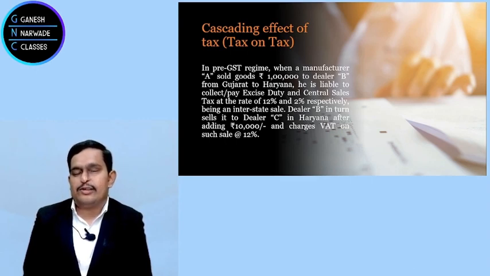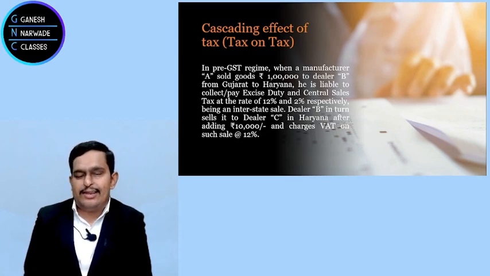First, A sold the goods for 1 lakh rupees to B plus 12% excise duty and 2% CST, Central Sales Tax. And after that, B added another 10,000 to the value and again sold it to C at 12% VAT.